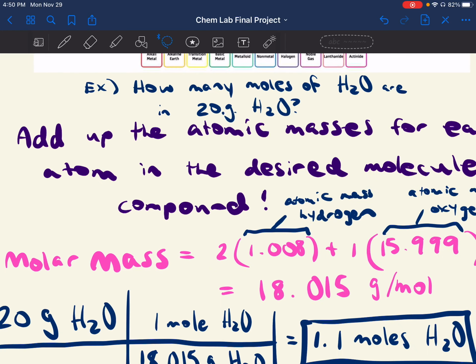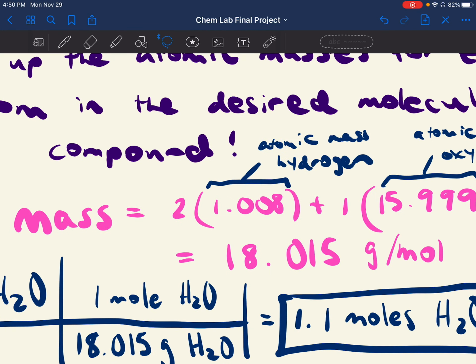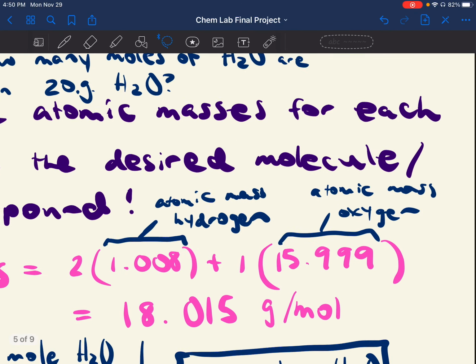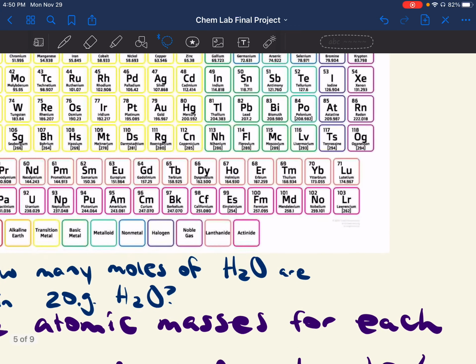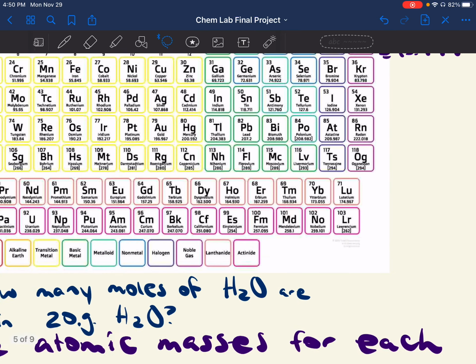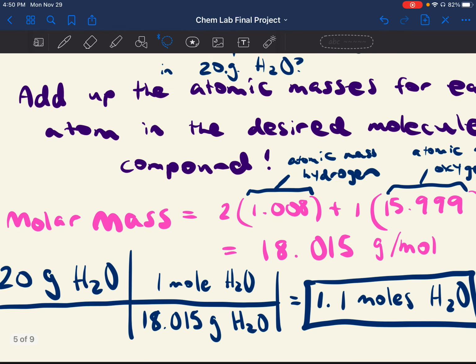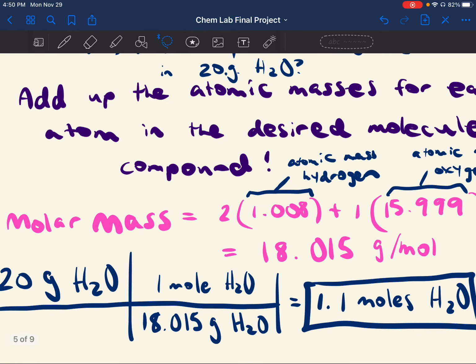I have that down here, molar mass, 2 times 1.008, and there it is. And oxygen is 15.999. So then we have our molar mass. Molar mass tells you how many grams you have per mole. It's that measure I was talking about before. Easy to make equivalencies and helps us out later down the line.